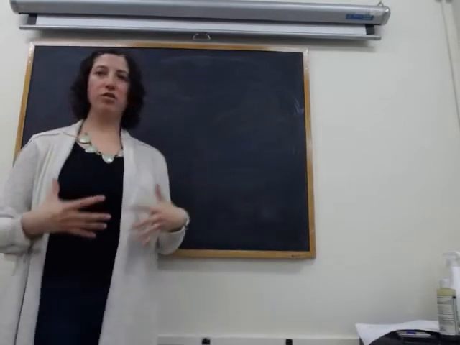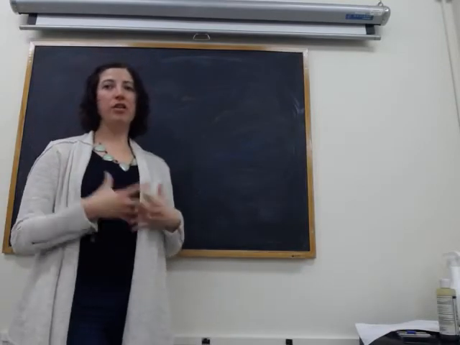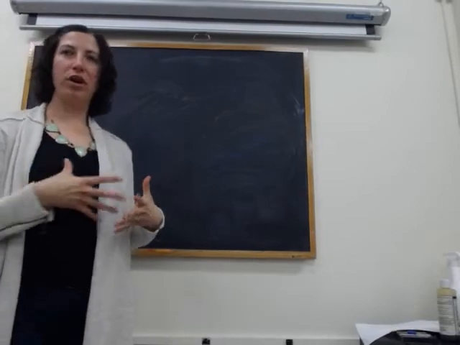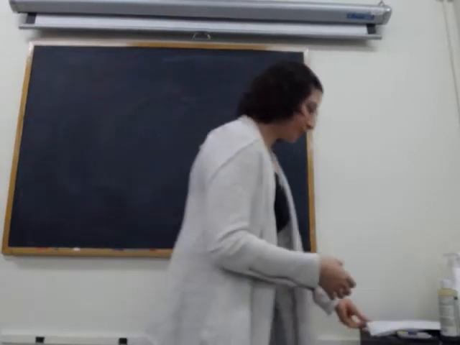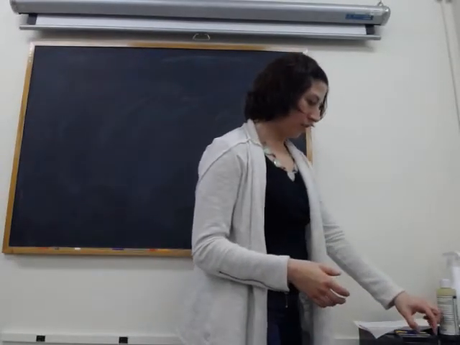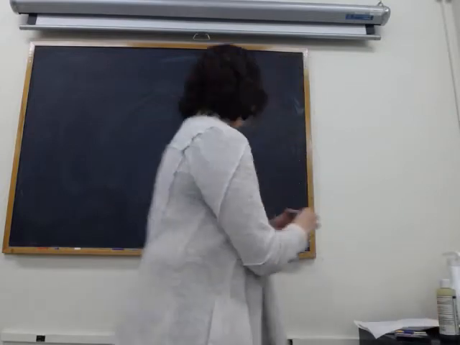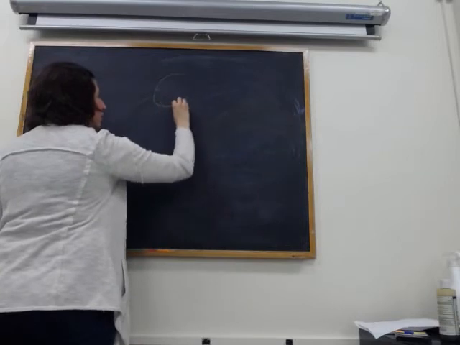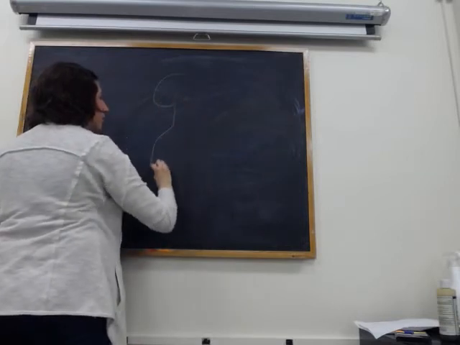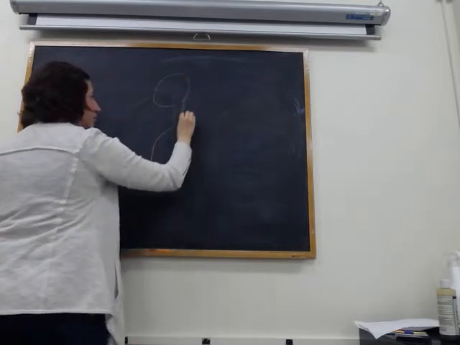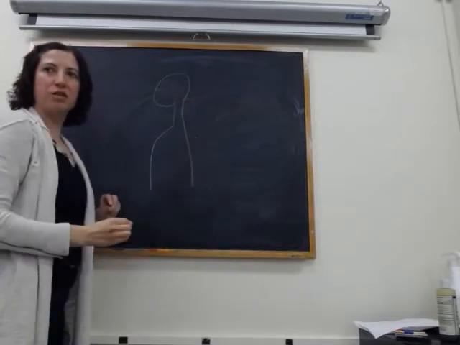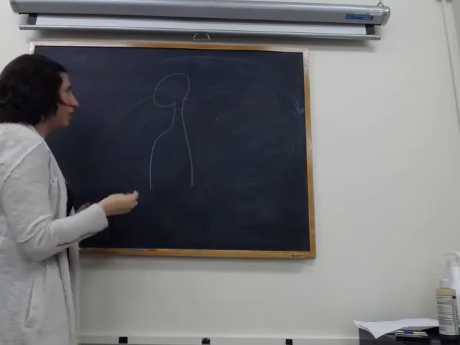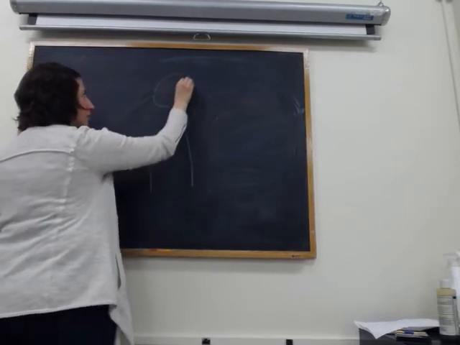Within the body itself too, so we have these regions, but also in the body itself we have these cavities where we have our organs. So if we draw our person, and my persons tend to look more like E.T., we have a couple of cavities.